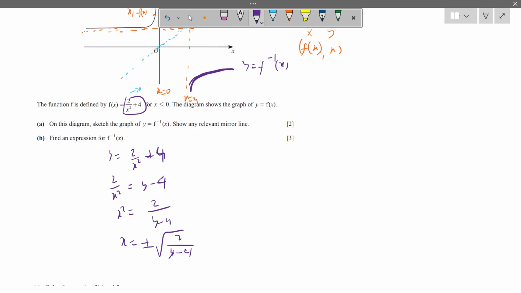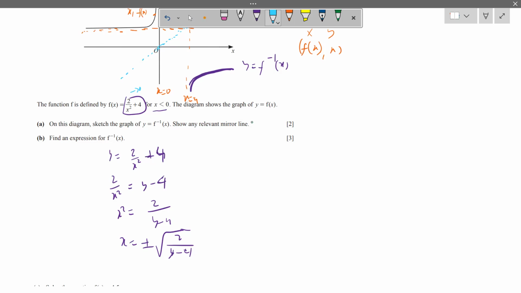Now, because the function is defined for x less than 0, we have to pick between these signs how to make x less than 0. So we cannot pick the positive sign, because this expression here is a square root, and square roots cannot be negative.